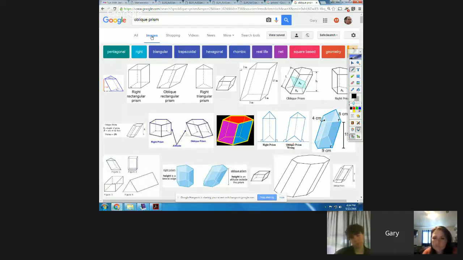An oblique prism just means the lateral faces aren't perpendicular. But the bases still have to be parallel. Otherwise, things go to heck. So for example, in one of the images I have here, I have a right rectangular prism next to an oblique rectangular prism. And the bottom line is, as long as the bases are parallel, and I know the area of one of the bases, I just multiply by the perpendicular height, and that gives me the volume.